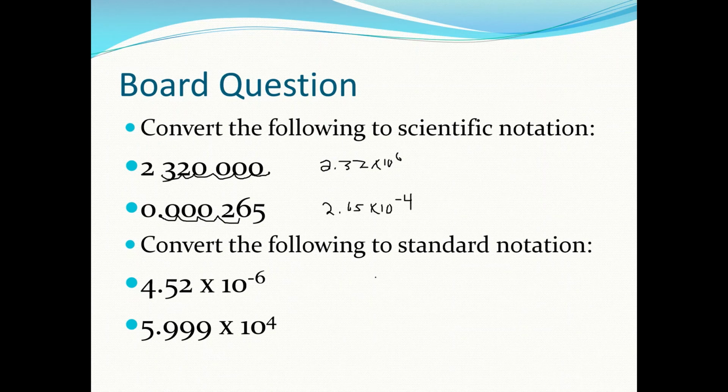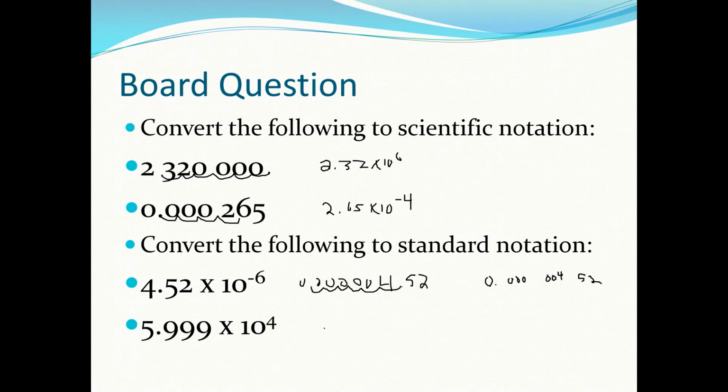This one is a really small number, so I put 2.52, and I'm going to put my zeros before. And I move it over 1, 2, 3, 4, 5, 6. So it's going to be 0 point, and then I have 5 zeros. It's good when you bunch them into 3s. So 5 zeros, and then 4, 5, 2.